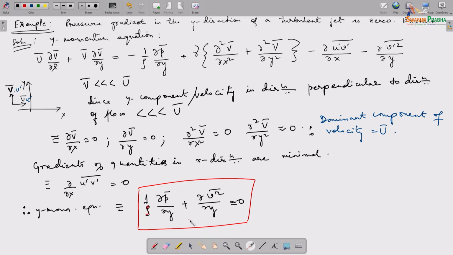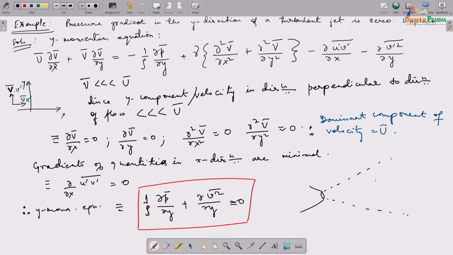Now what are we going to do about this? Well, we have a turbulent jet. So we take two points.